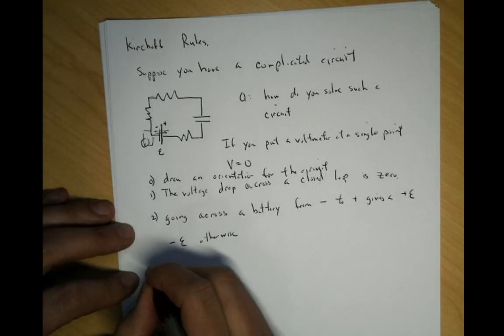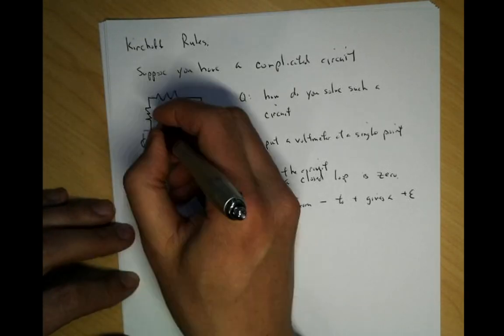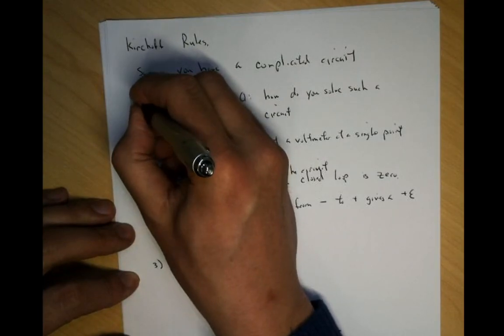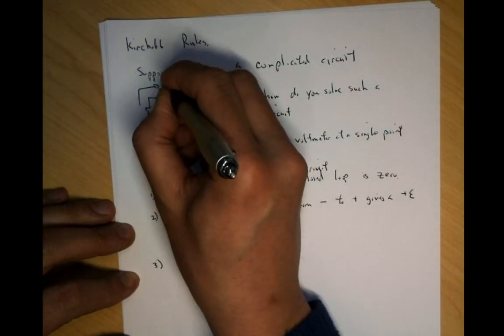Rule 3. Now suppose I draw some orientation. I'm going to say that I is flowing in this direction.